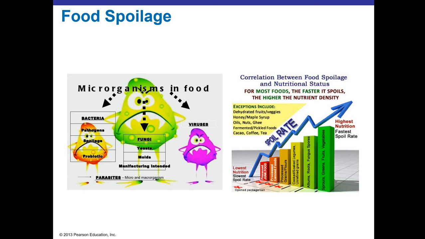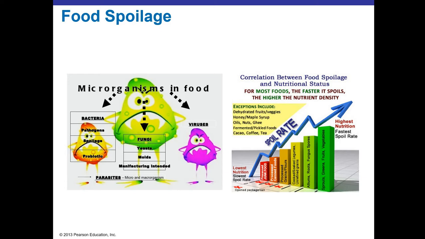But some of the bacteria just are involved in spoilage. The same can be true of the fungi and yeast. The relationship that we see between food spoilage and nutritional status, though, is quite problematic when we think from the standpoint of nutrition and its relationship to what we're learning about the microbes.